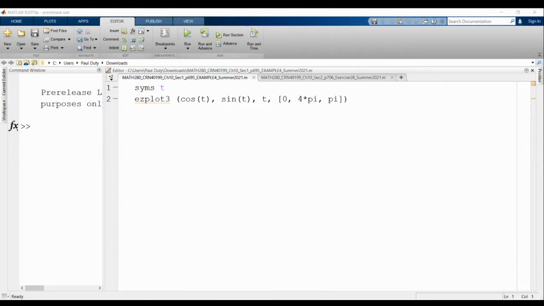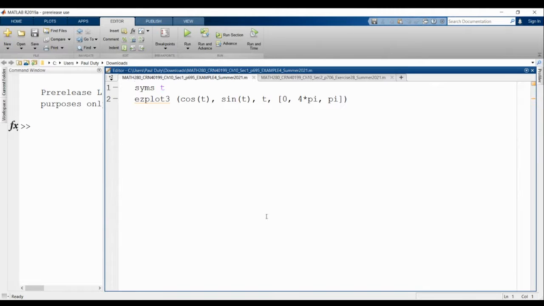EasyPlot3 allows you to do a plot quickly in three-dimensional space. That's why it's EasyPlot3. The component functions are cosine of t, sine of t, and t. And I'm going to graph this space curve from 0 to 4 pi with a skip factor of pi. It's a big skip factor, but it works in this case.